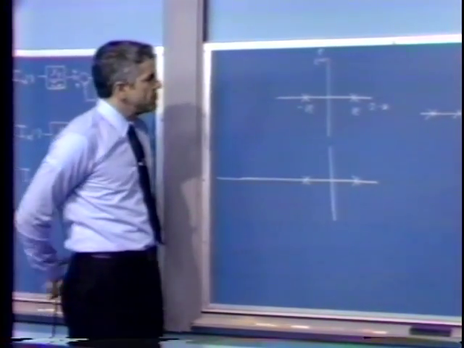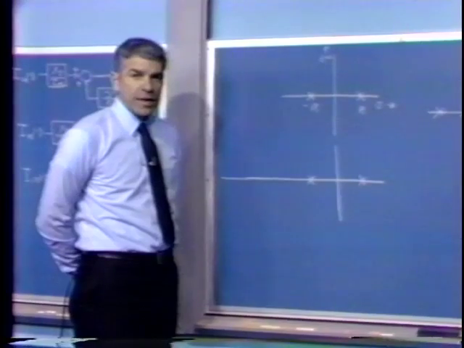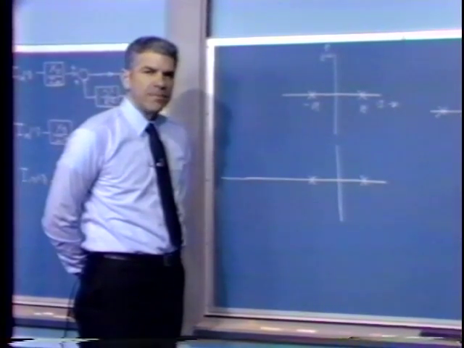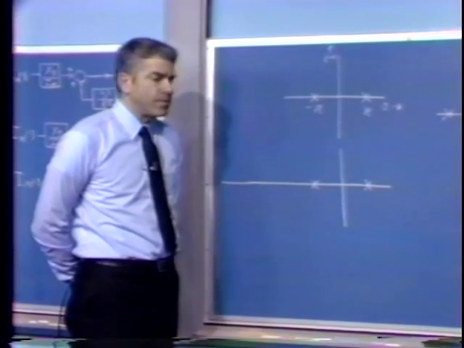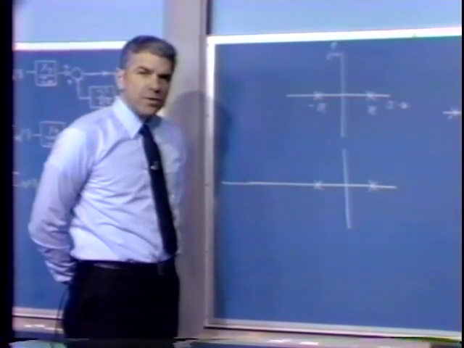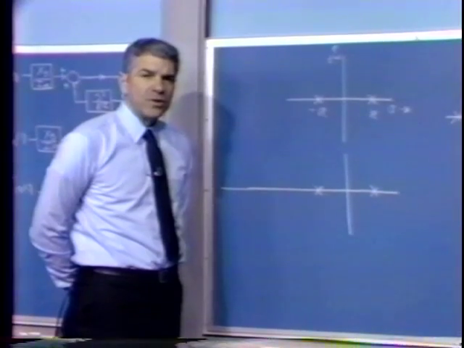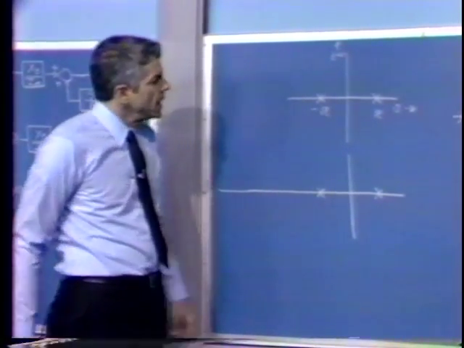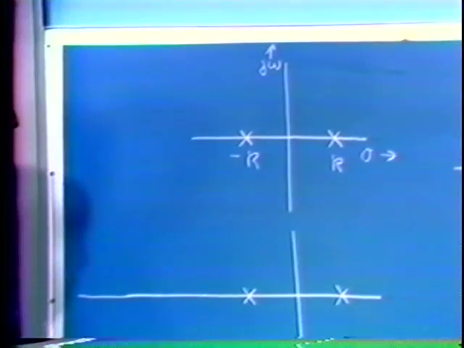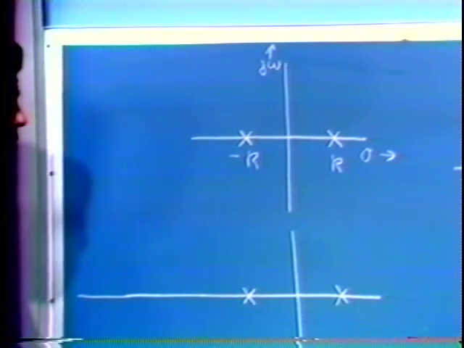Now we can look at that pole diagram, and think a little bit about how we might stabilize such a system. I think the easiest way to determine the approach to stabilizing the system is via the root locus approach.